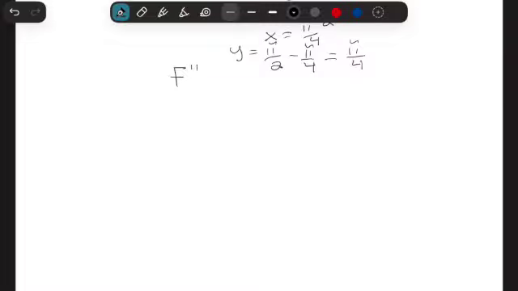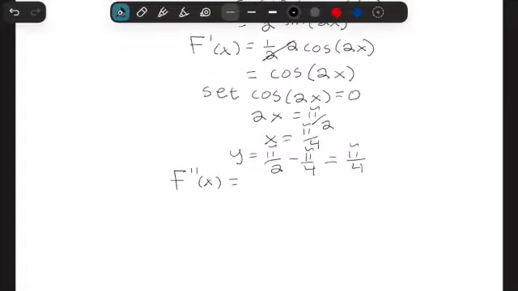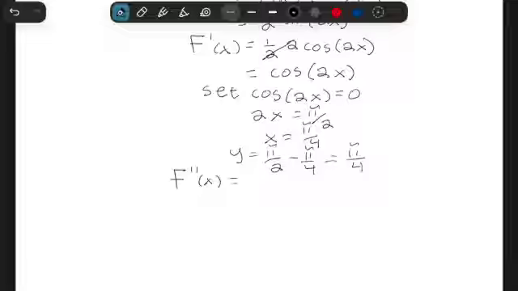So f double prime of x equals, let me scroll up so we can actually see, that's just going to be negative 2 sine 2x. All right, so now we can just take our x value and plug it in to f double prime.